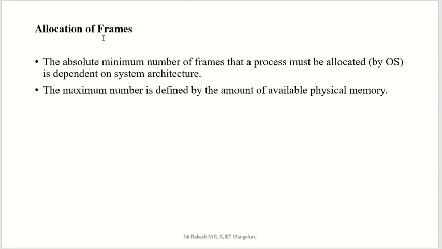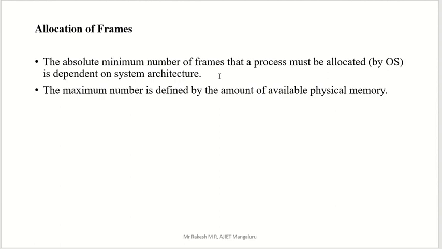Allocation of frames. What do we mean by allocation of frames? That is the frame allocation algorithm we saw in the previous slide, and that concept we are going to see here. The absolute minimum number of frames that a process must be allocated is dependent on the system architecture. For each process there should be a number of frames in the main memory.